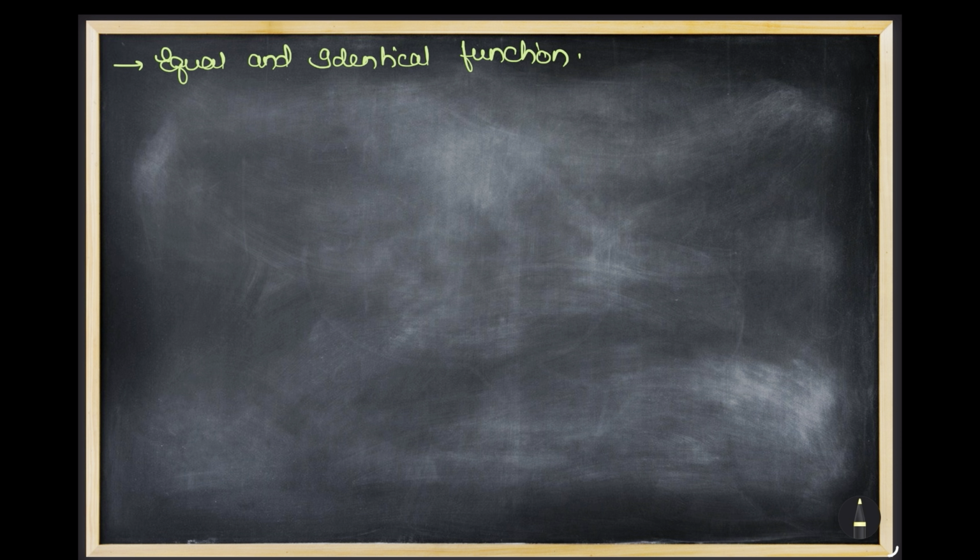So, we are back with a wholesome new session in which we will discuss the concept of equal and identical functions. Suppose that in a function, if your domain is the same, this is the first condition, then range the same, and also the graph.